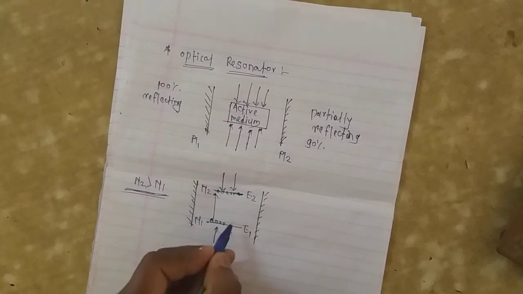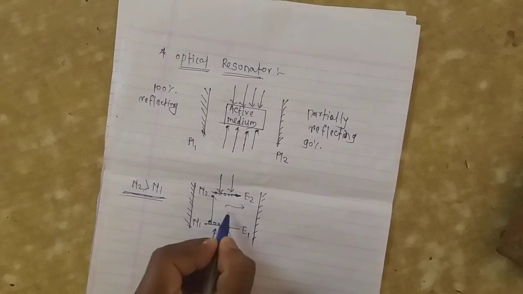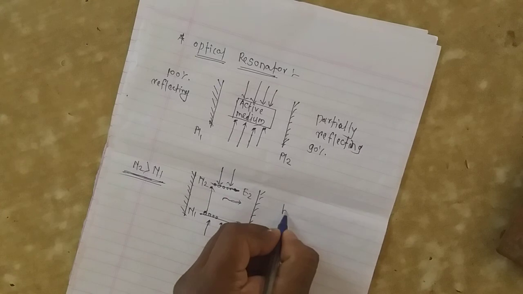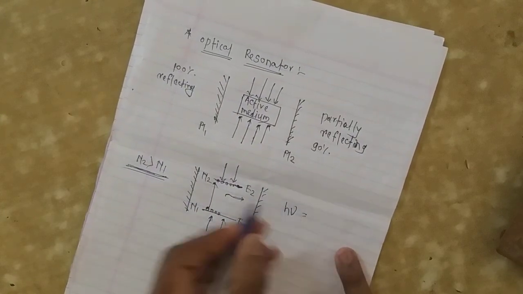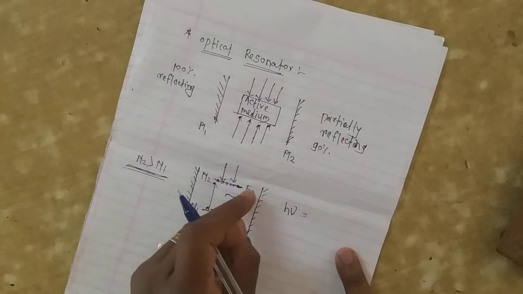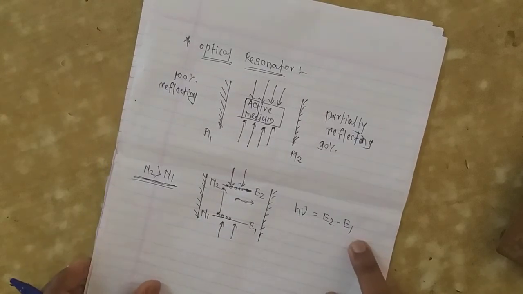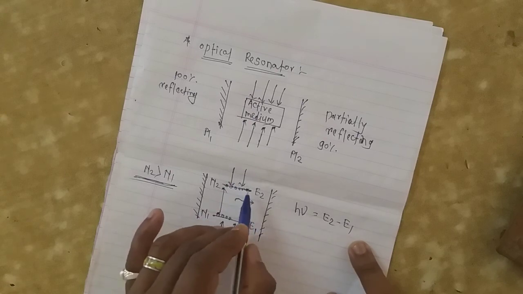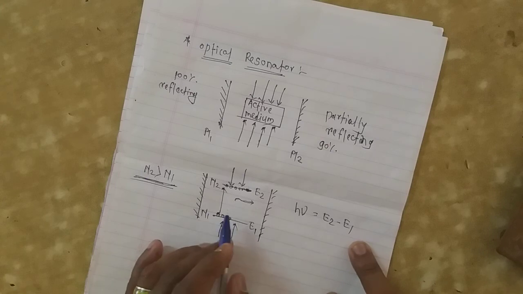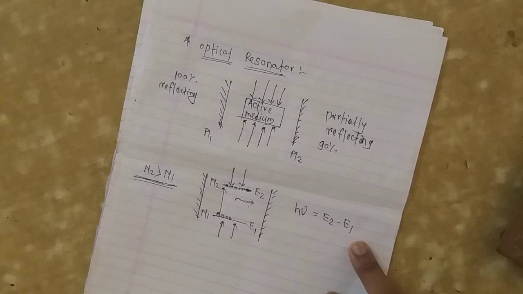The excited atom emits a photon with energy h mu, which is the energy difference between the two states, E2 minus E1. It releases one photon.